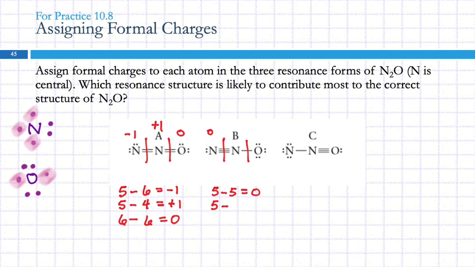Brings 5, is going to leave with 4 electrons, so +1. And this oxygen would like to have 2 bonds, and it doesn't, so this is also going to have a formal charge. It brings 6, it leaves with 7, -1.